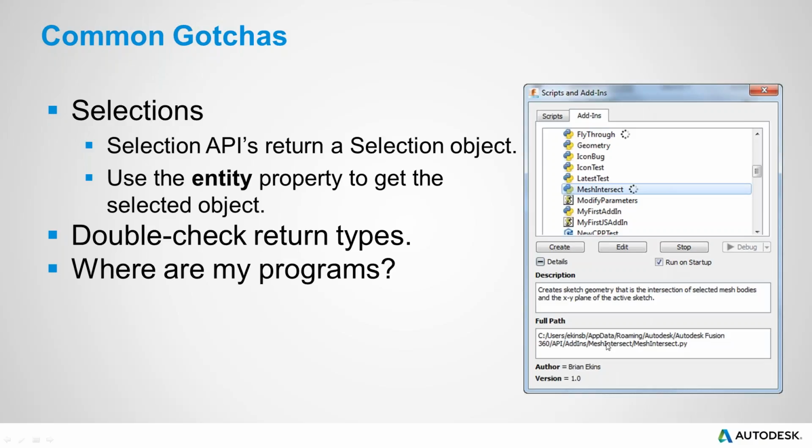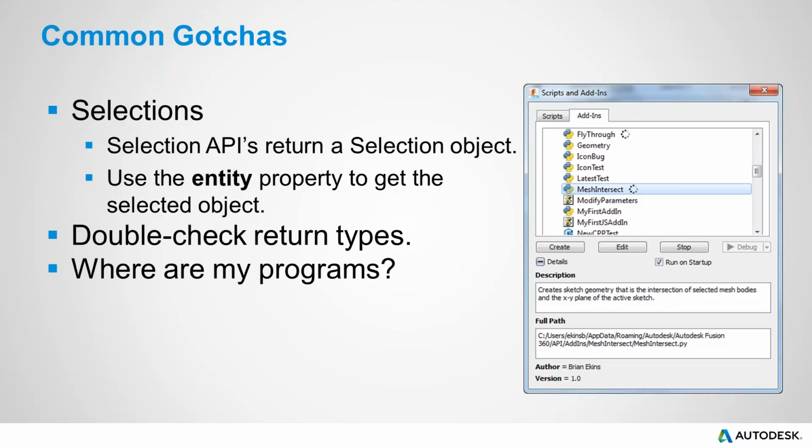Most programs, if you just say create a new script or add-in, get created in a deep directory, in AppData, Roaming, Autodesk, Fusion 360, API, add-ins or scripts, and it's buried down in there. This can be a reminder of where that directory is. But your programs can exist anywhere on your disks. If they're in this location, Fusion is going to find them automatically. At startup, it will look in these directories and find your add-ins or scripts and list them here.